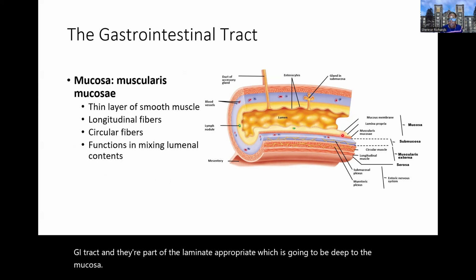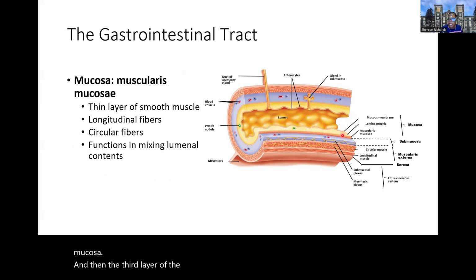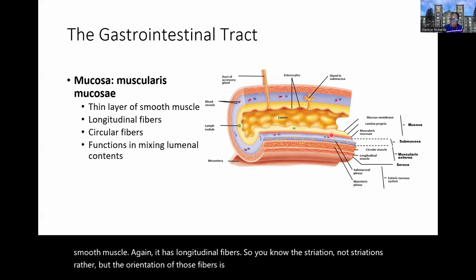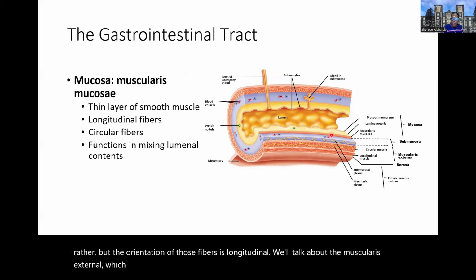And then the third layer of the mucosa is the muscularis mucosae, and this is a thin layer of smooth muscle. Again, it has longitudinal fibers, so the orientation of those fibers is longitudinal. We'll talk about the muscularis externa, which has fibers arranged in different rows.